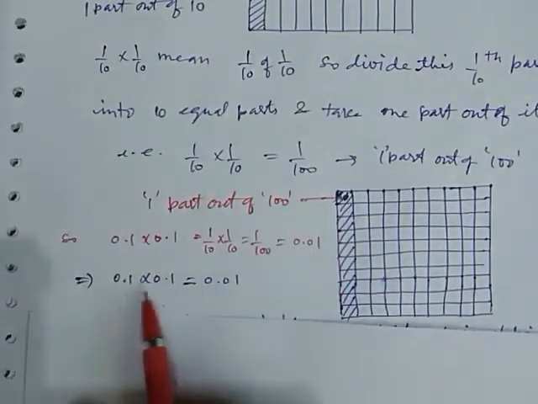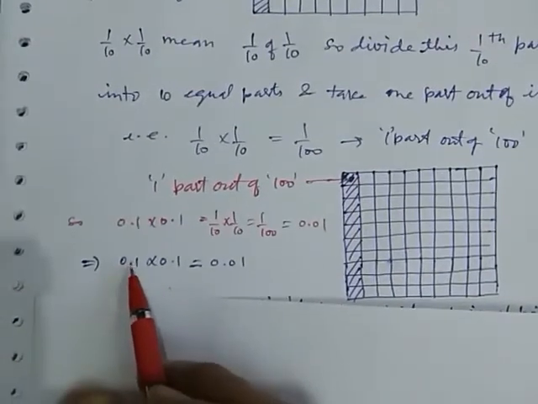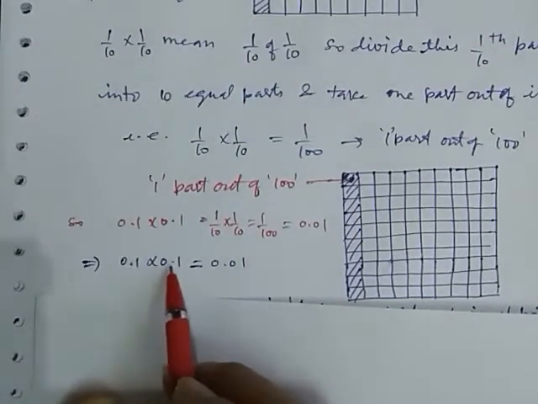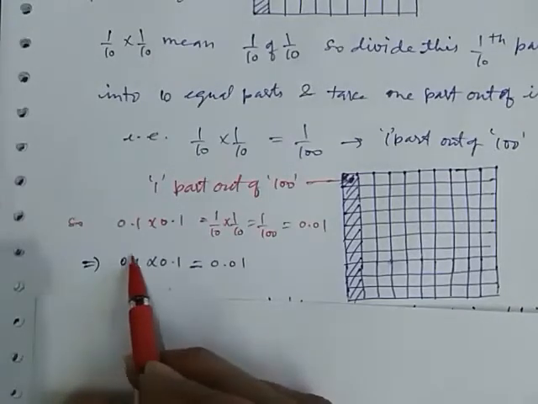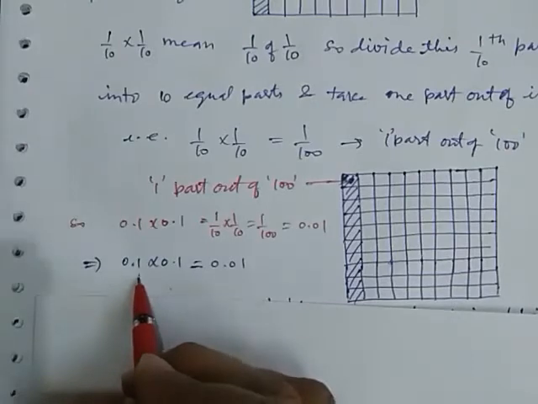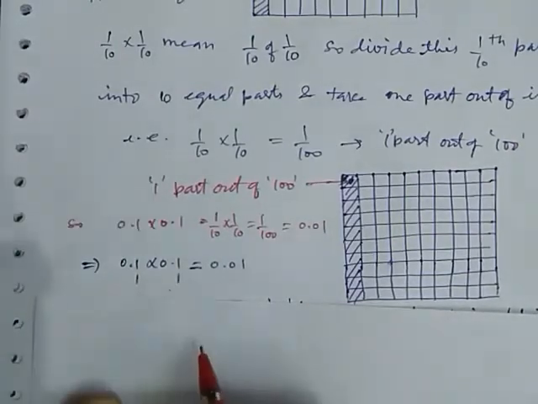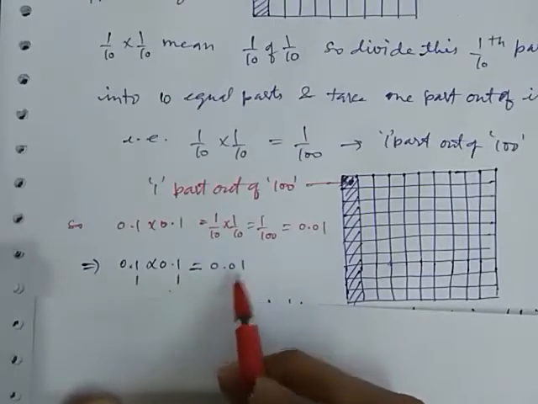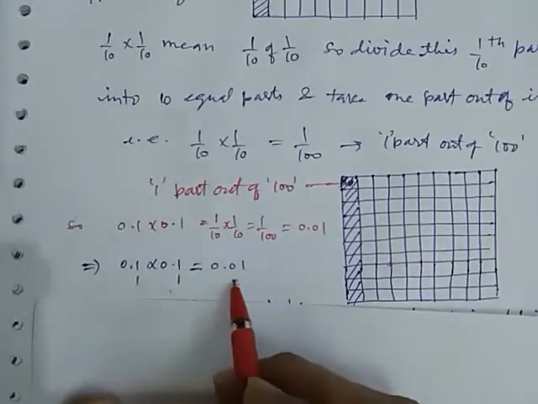So we can directly write any decimal numbers' product like that. Here 0.1 and 0.1 both have 1 decimal place each. And we look at this result here: 2 decimal places.